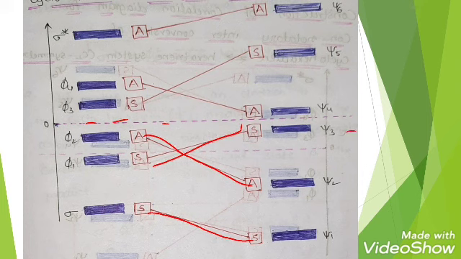But these three orbitals and these three orbitals are present in the ground state.